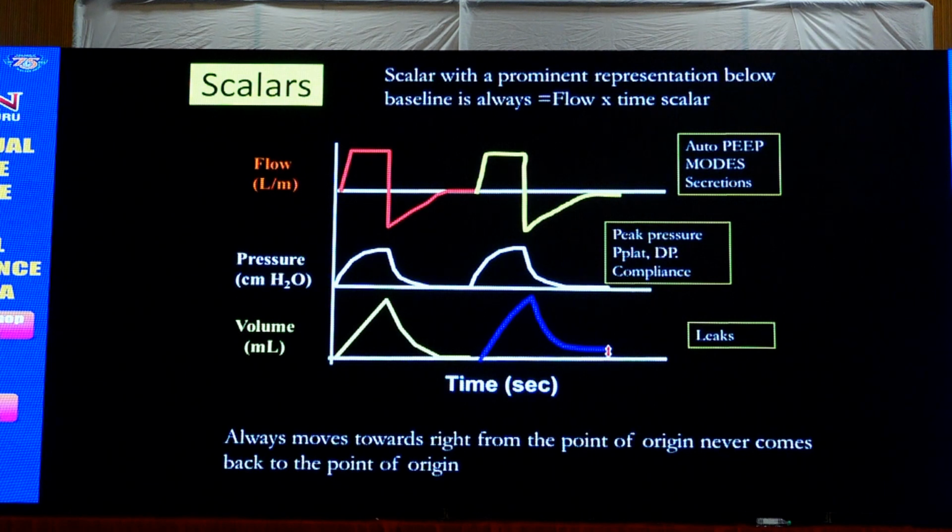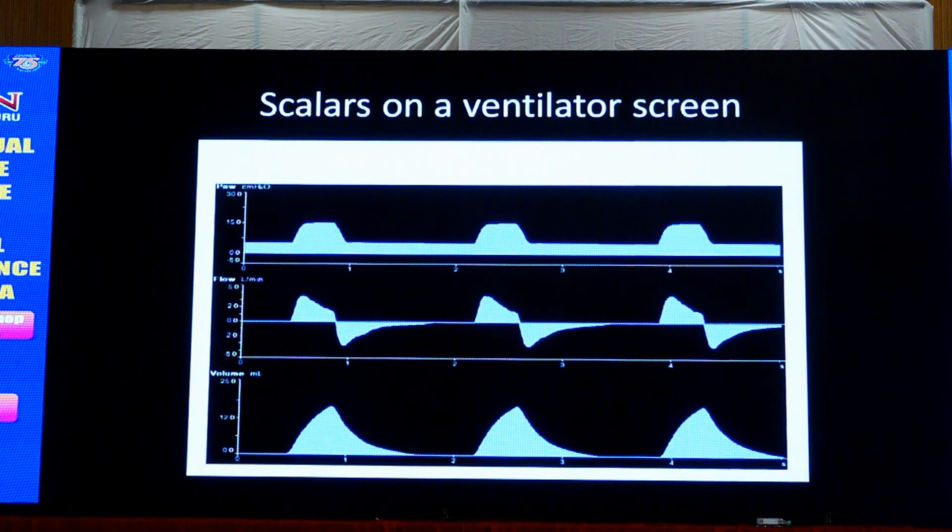Whenever you see a scalar with a representation below the baseline, you can always be sure it's a flow versus time scalar. This is how it looks on the screen. Which is the flow scalar in this? The lower one. Seeing it anywhere, you can find out what the scalars are.